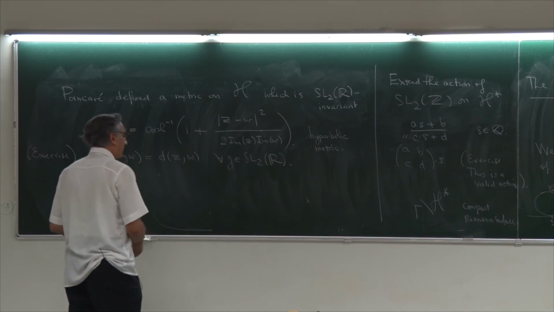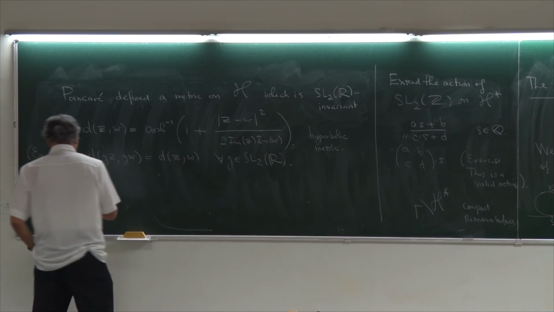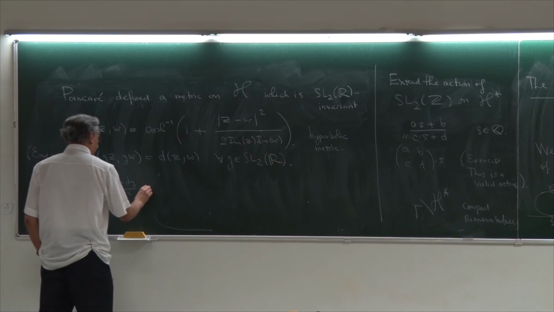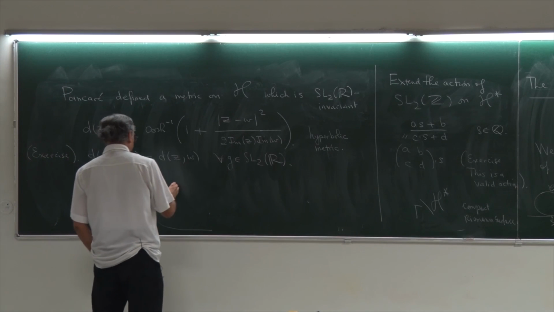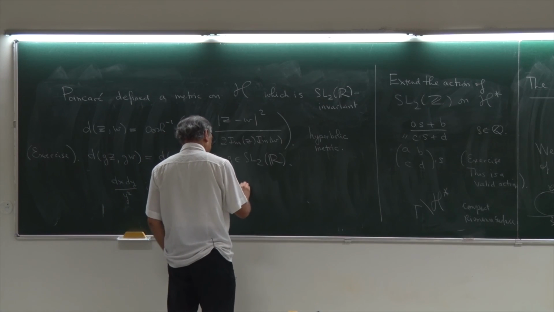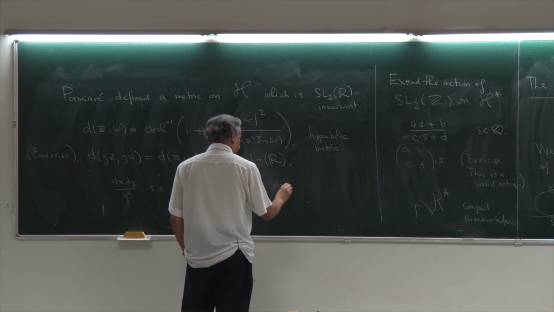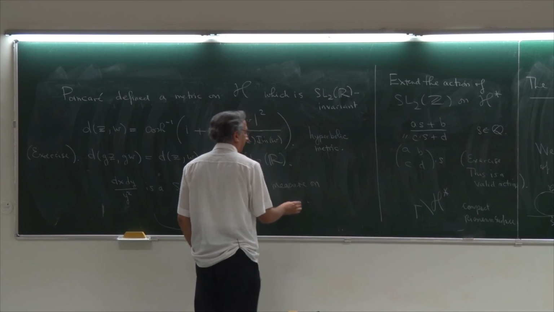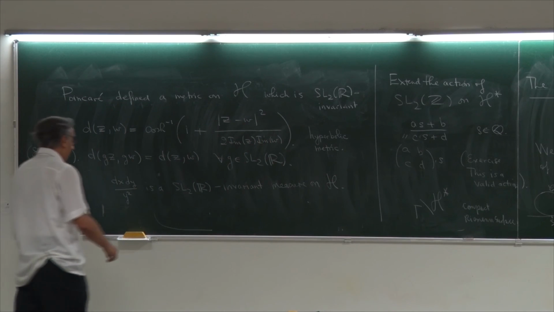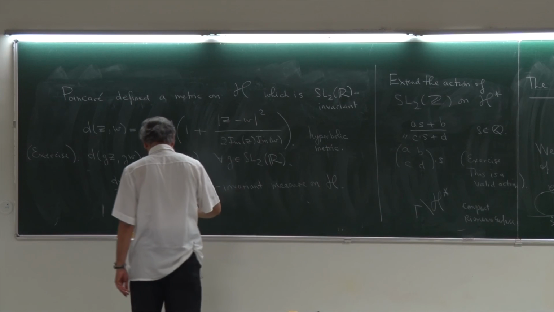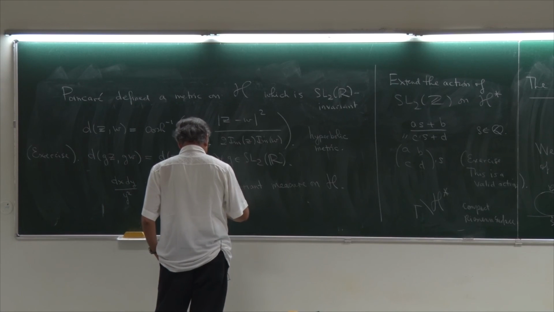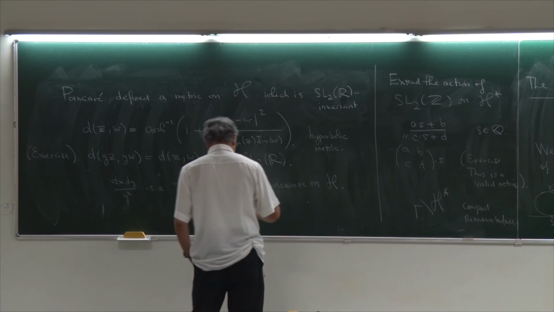We can, in fact, also introduce a measure. The measure dx dy by y squared is an SL2R invariant measure on H. So this is the measure that one uses, and if we are interested in calculating the area of the fundamental domain, that is just the integral over it.